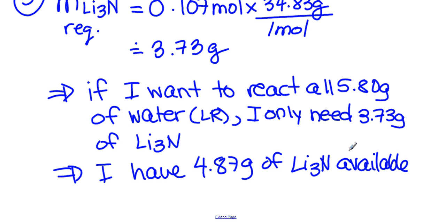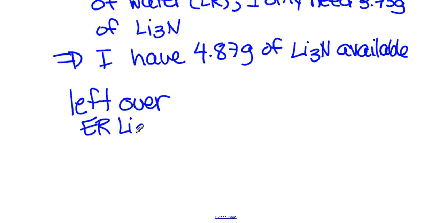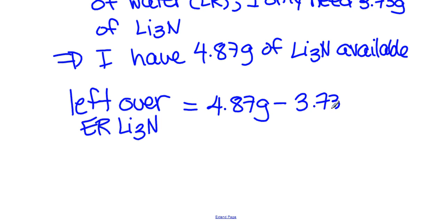How much of that excess is left over? Last step here is just to do a subtraction. So leftover excess reactant, which is Li3N, I had 4.87 grams. I subtract 3.73 grams, and I get 1.14 grams left.